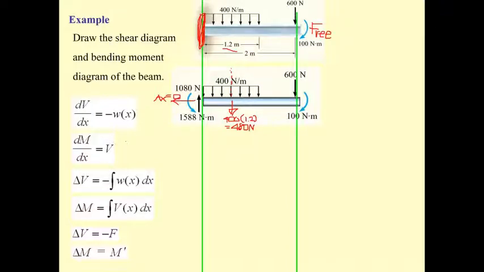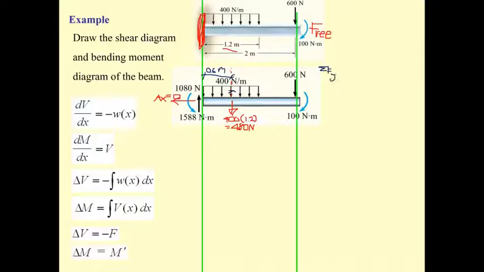And it acts at the centroid of this area, which is half of 1.2, about 0.6 meter.